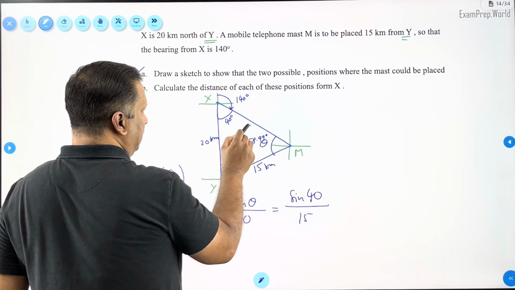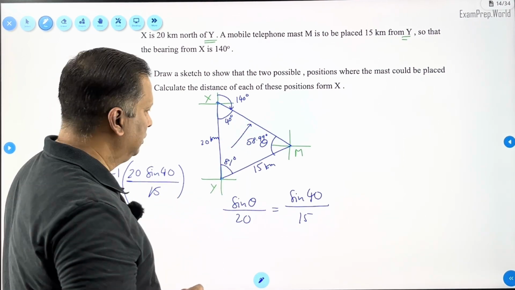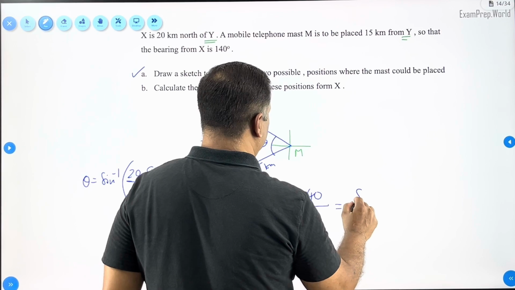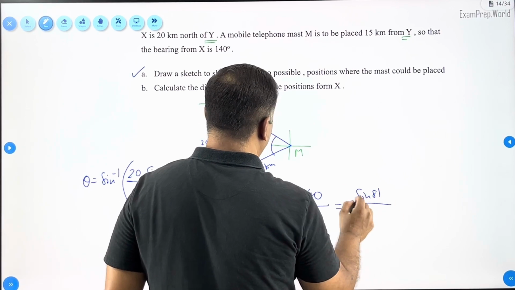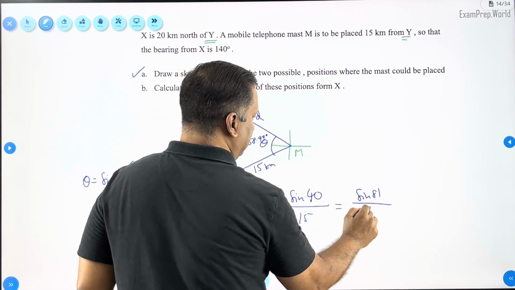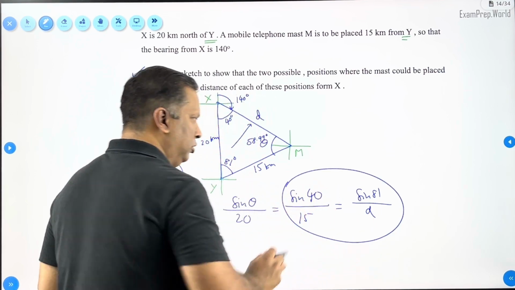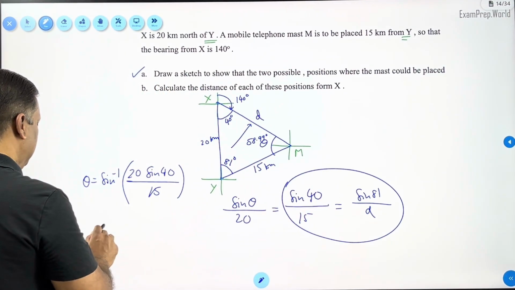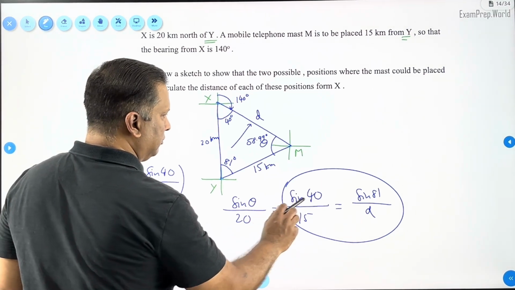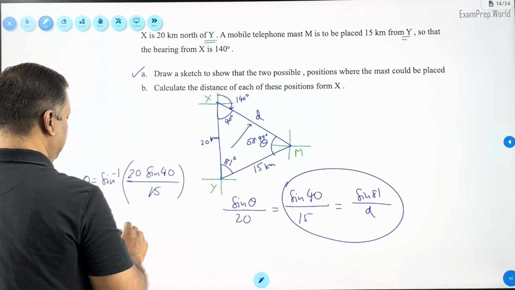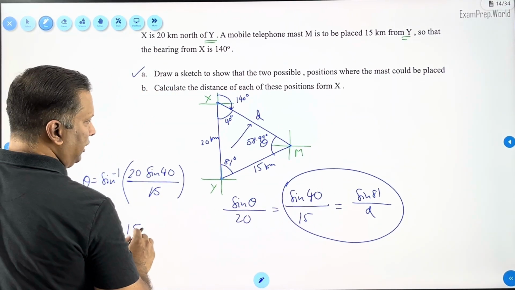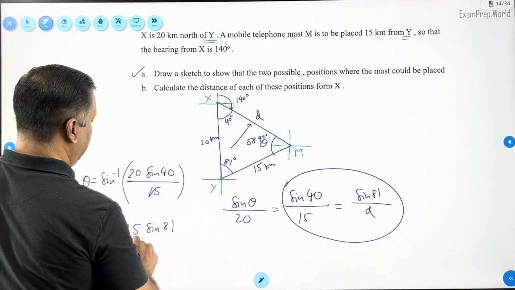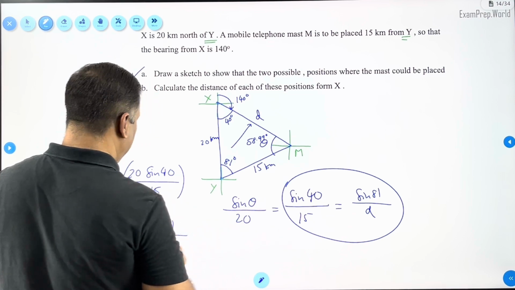Now finding this side is very simple. Once again we will use sine rule, right? So I will use the same thing. I will write sine 81 by, let this distance be d. Now can I use this ratio to find d? It is easy. So what will be d? d will be equal to 15 times sine 81 divided by sine 40.